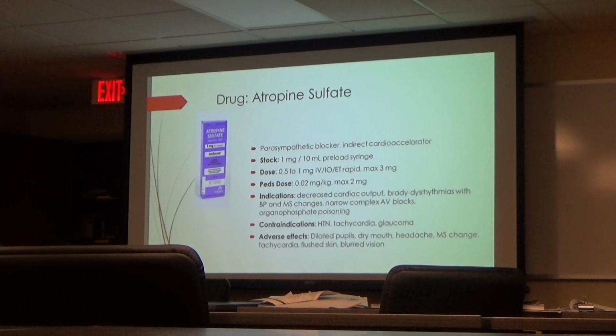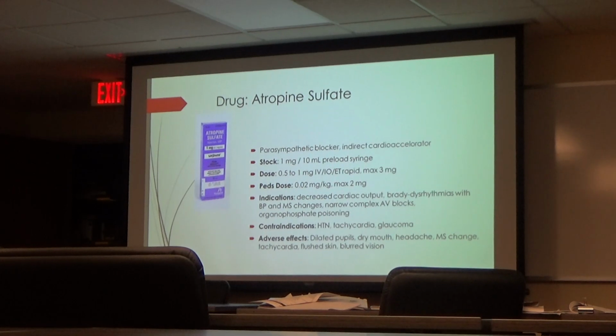It is an anticholinergic, which will work on those patients who have organophosphates or other nerve agent type weapons of mass destruction. It's part of our Mark II kit or Mark I kit, or what is it, DuoDote now that we're using. The dose that we give for someone who has a slow heart rate is 0.5 milligrams.